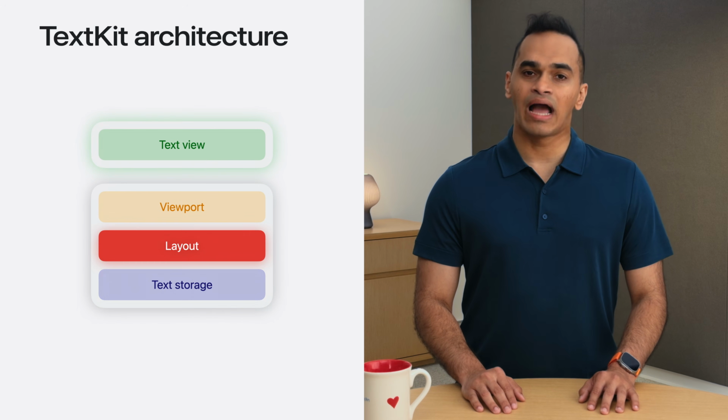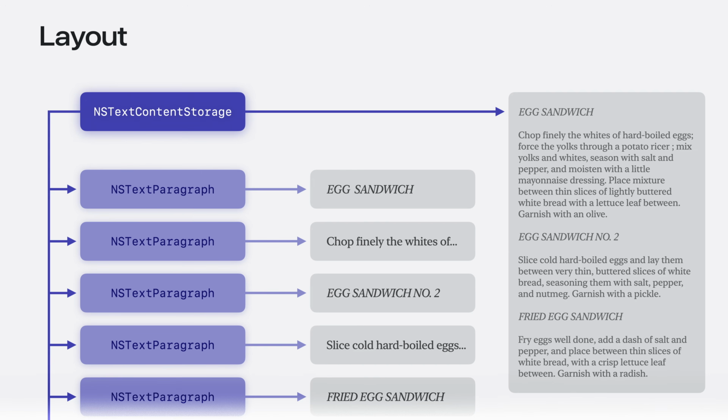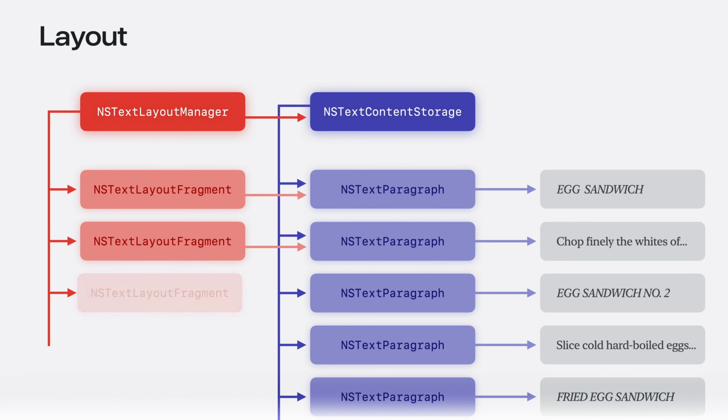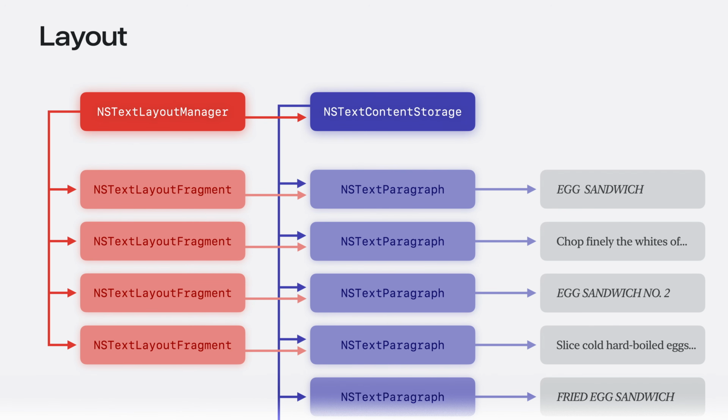Continuing the example, I'll look at layout next. After the text content storage breaks the attributed string into paragraphs, the NSTextLayoutManager does the work to prepare the paragraphs for rendering. The Text Layout Manager performantly measures the metrics of the glyphs that make up the represented text and dynamically creates an NSTextLayoutFragment that stores the calculated layout information of the paragraph.